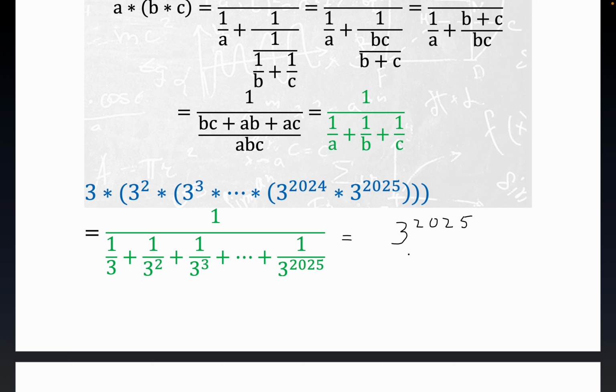Now you'll see the pattern that's going to prevail right here. And I'll write it in the very same order. It'll be kind of backwards looking. But this very first term would be 3 raised to the 2024. Just laws of exponents, folks, right? This is 1 times 3 to the first power over... Okay, so you get this 3 to the 2024 right here.